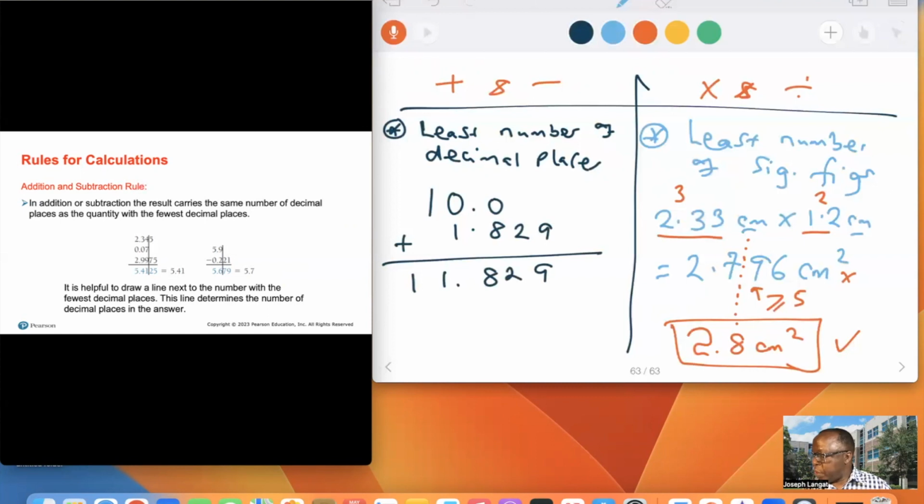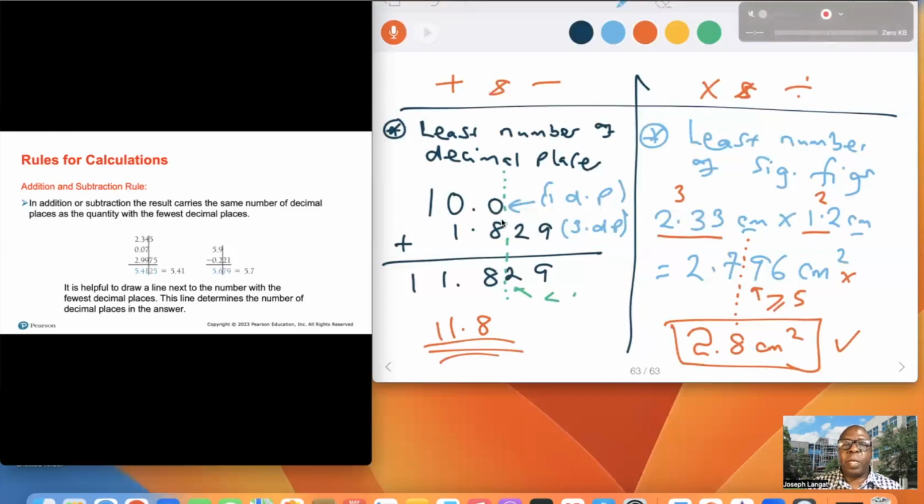This has 1 decimal place, and this has 3 decimal places. 1, 2, 3. So I'm just gonna stop here. This is less than 5. So the final answer for this will be 11.8. I didn't have the units because of 1 place of decimal. If it had no place of decimal, then the final answer will have no place of decimal.